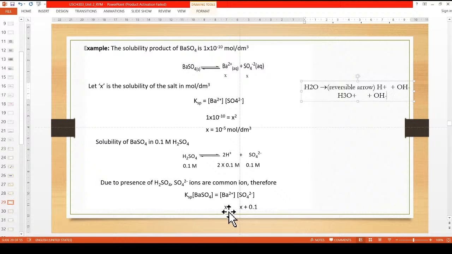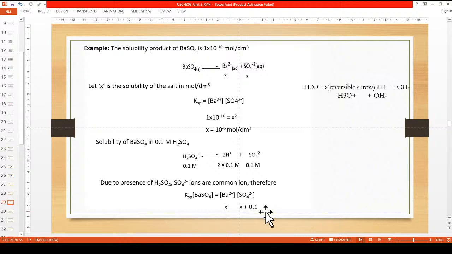So this is dibasic acid, we are calling it as. Now due to presence of these sulfate ions in common with your BaSO4 precipitate, what will happen? This SO4 ion also helps in the precipitation reaction, and due to this common ion, the formation of precipitate will be facilitated by 0.1 times.